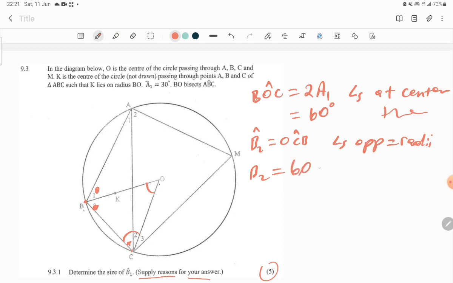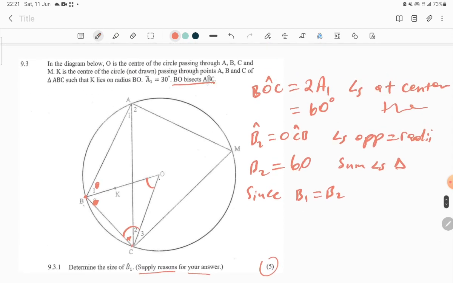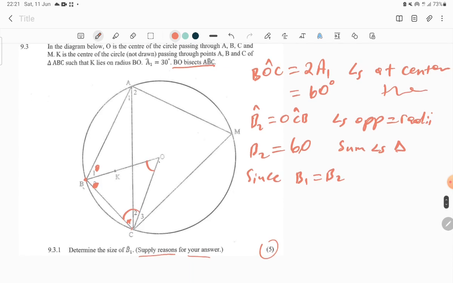And also because of the sum of angles in a triangle. Now, since B1 is equal to B2, it was from the information that OB bisects angle ABC.